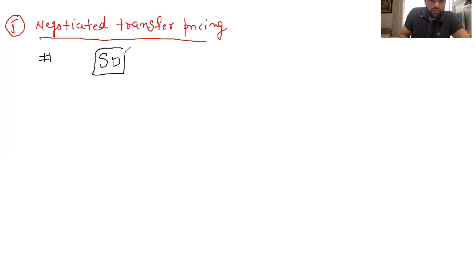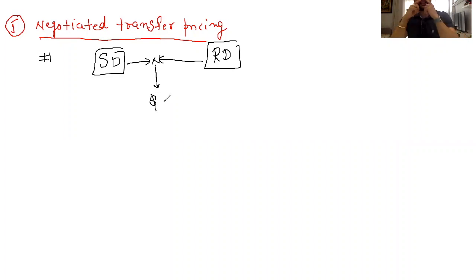So we have supply division, we have receiving divisions. All right. So they both gonna negotiate. All right. And so whatever price comes after negotiation, receiving division is willing to pay for that price.